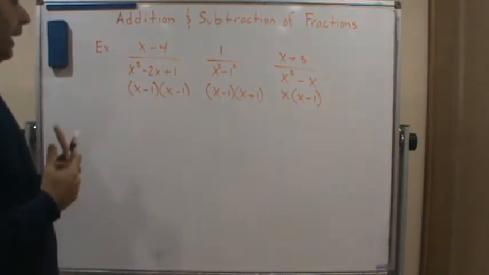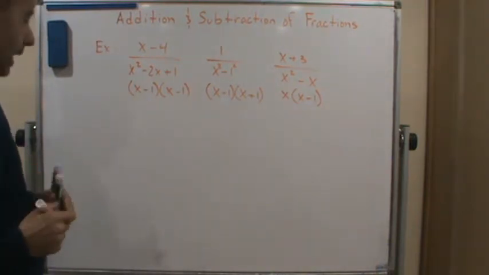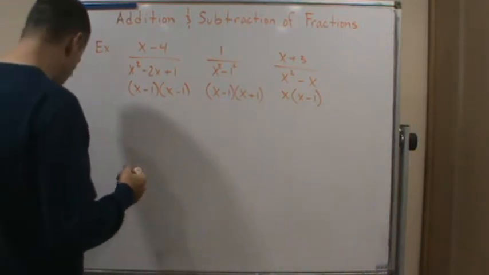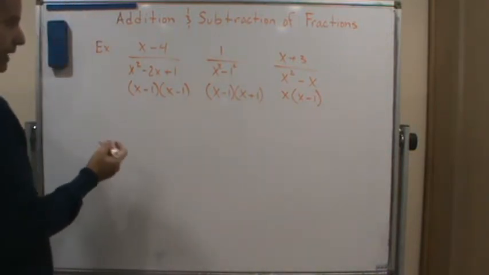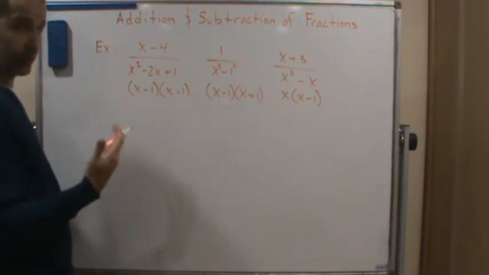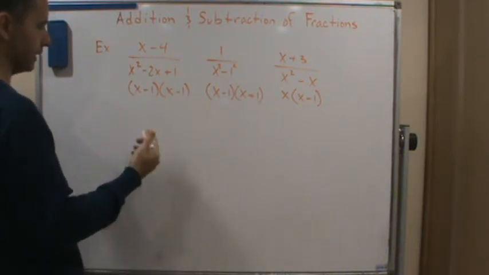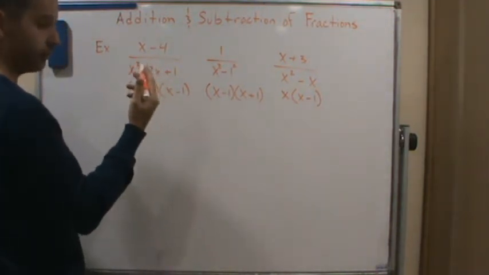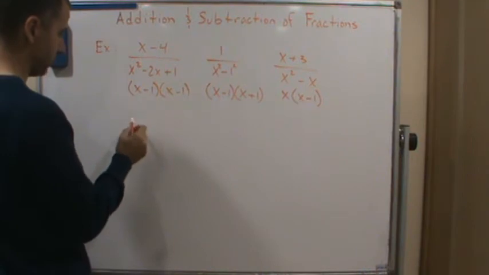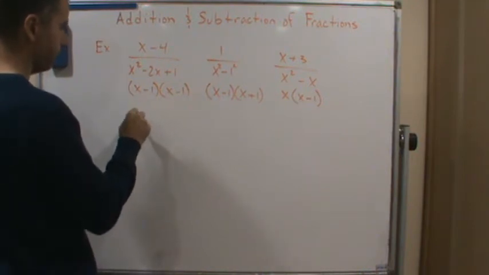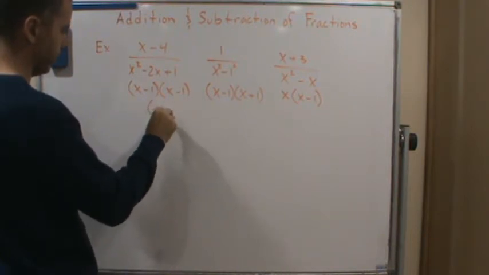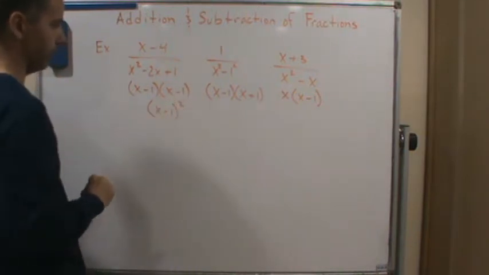Now, how do we get the lowest common denominator or the least common multiple? Same thing. The least common multiple of these will give us the least common denominator. So the LCD, again, remember, we take each different factor. So what are the different factors? By the way, this is going to be x minus 1 squared.